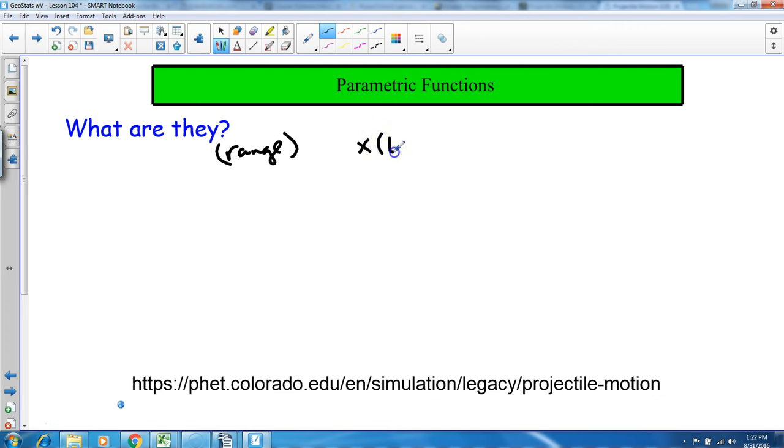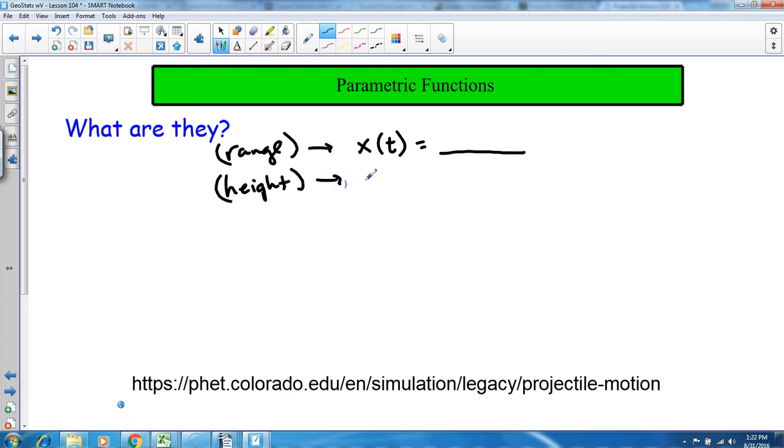We know that the distance in that x direction is a function of time, so our function might look something like this: x of t equals, and then whatever function or equation is going to actually map the path of that thing. It's going to be different depending on how we angle that cannon. So for range, we have one function. For height, we have a completely different function.